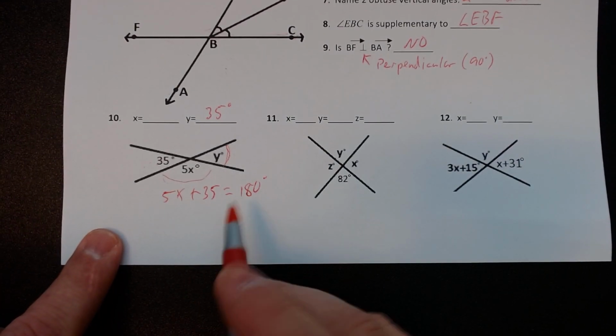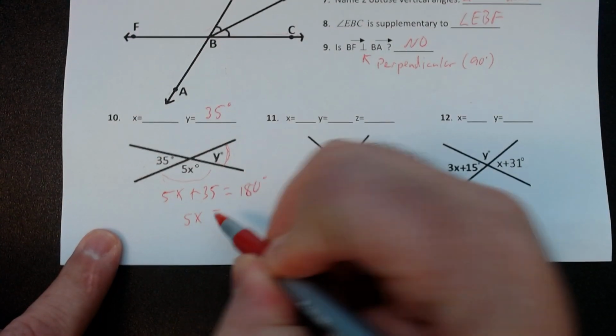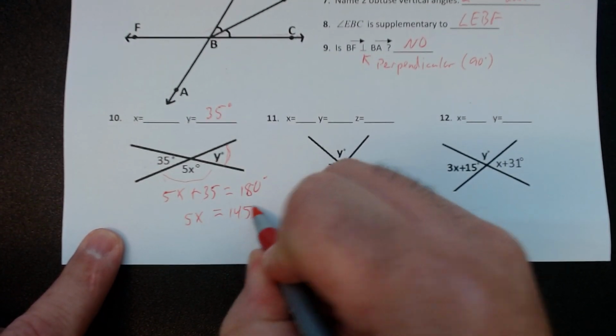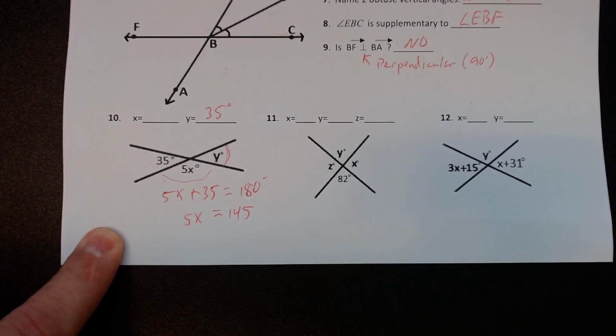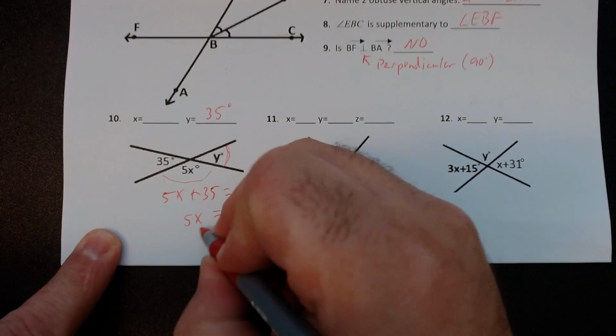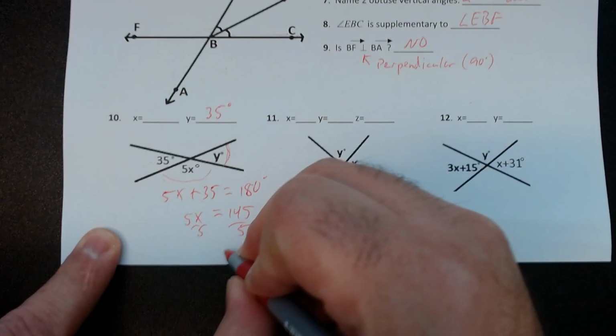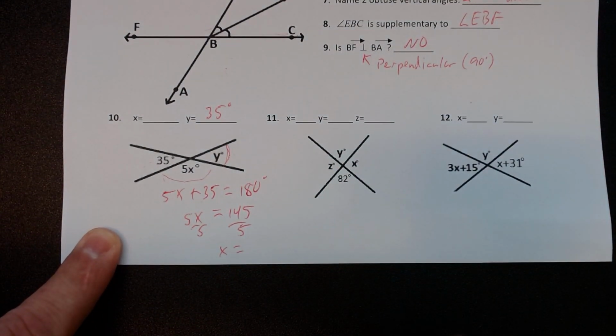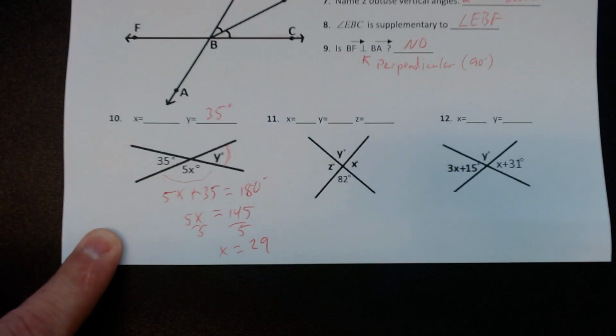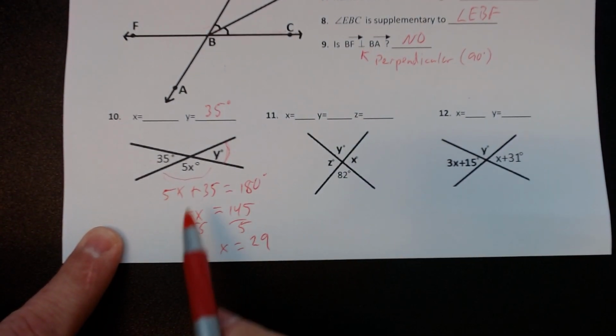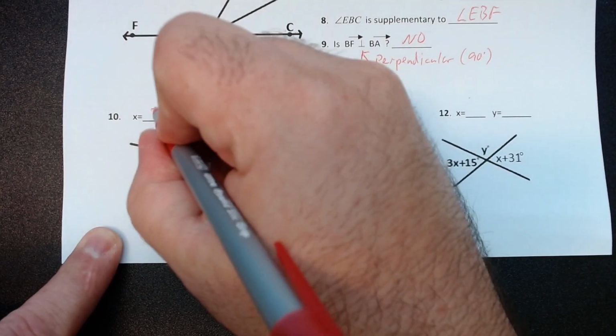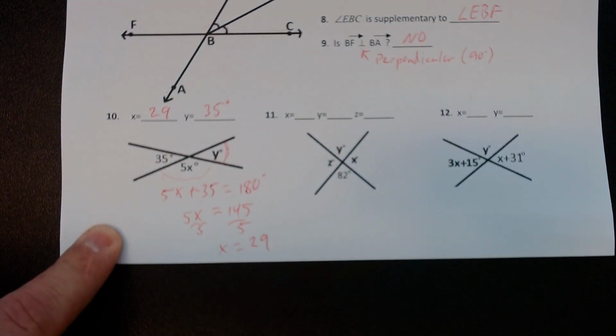You subtract 35 from both sides, 5x equals 145. And then after that, you divide both sides by 5 to get x by itself. Your x turns out to be 29. Question was asking for x. Put the answer. You're done with that problem.